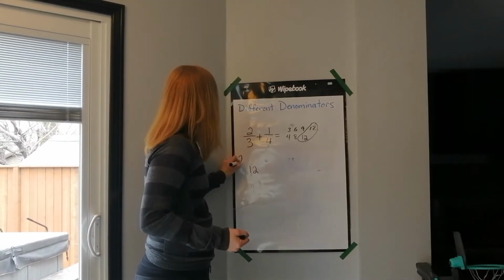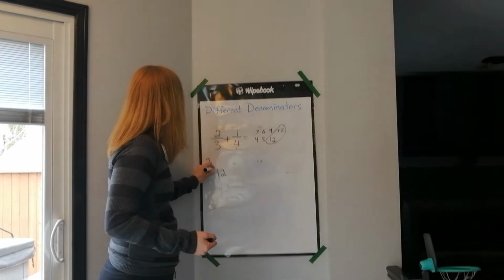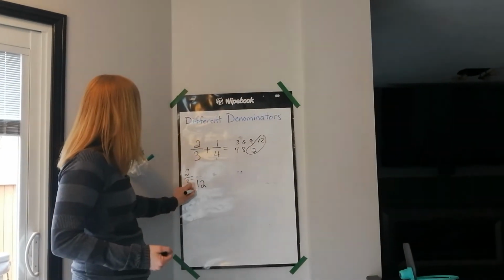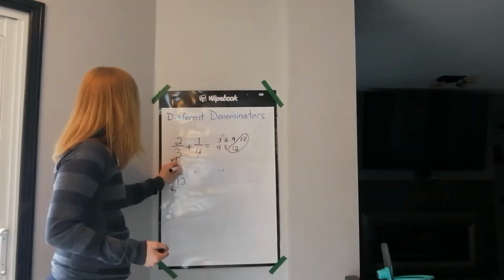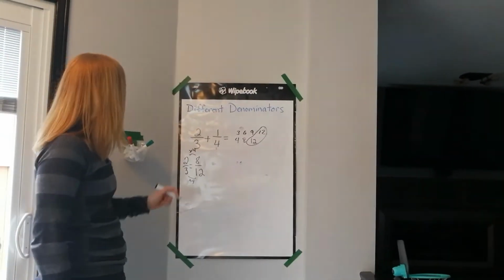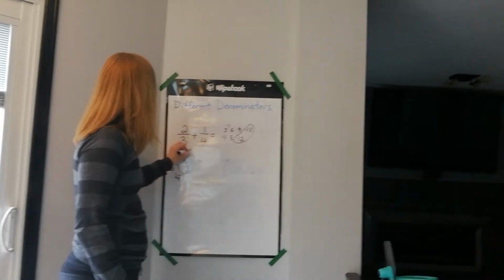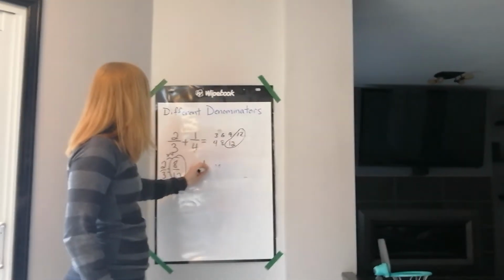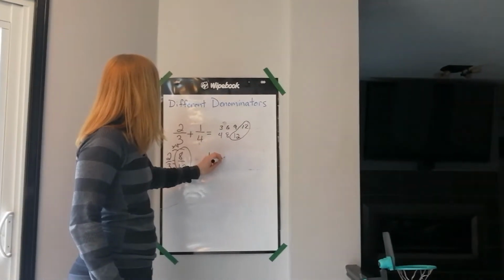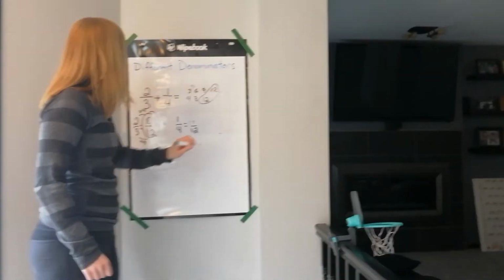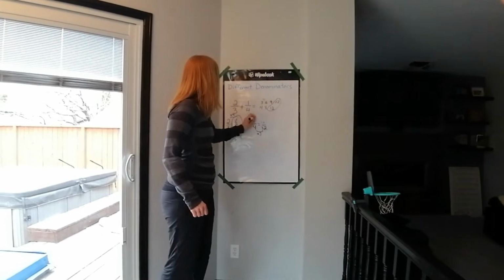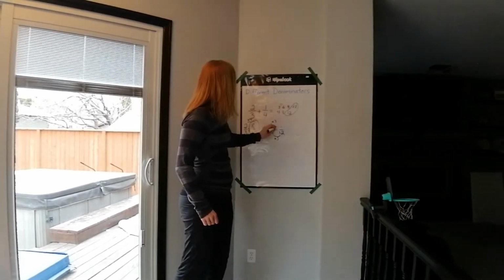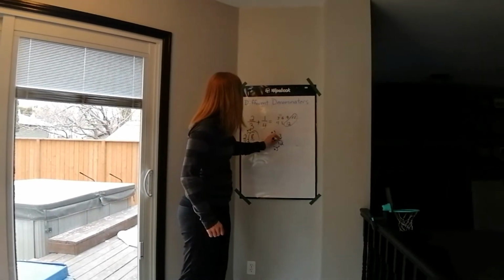So I've got 2/3 equals how many 12ths? Well, I'm multiplying by 4. So I multiply by 4 and I get 8/12. If I take this one, I've got 1/4 equals how many 12ths? Well, now I'm multiplying by 3 times 3, and I end up with 3/12.